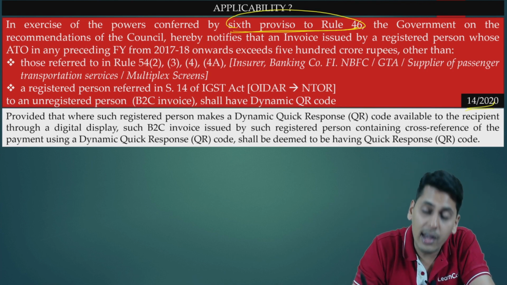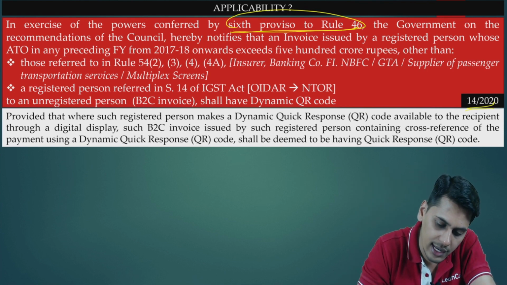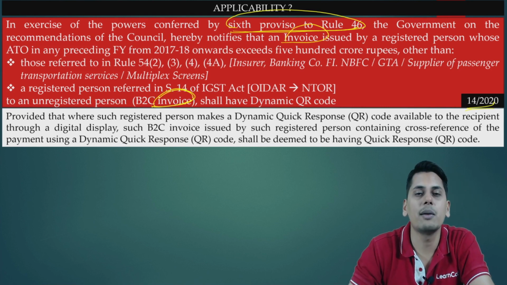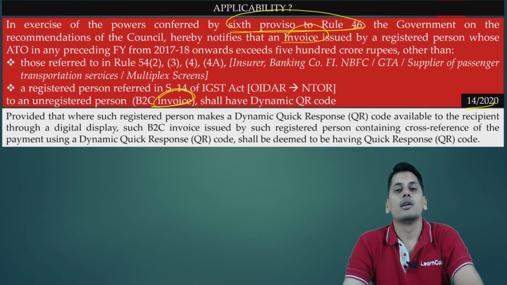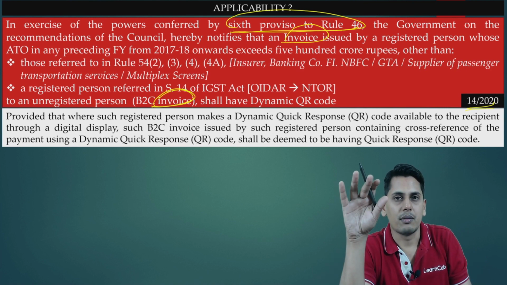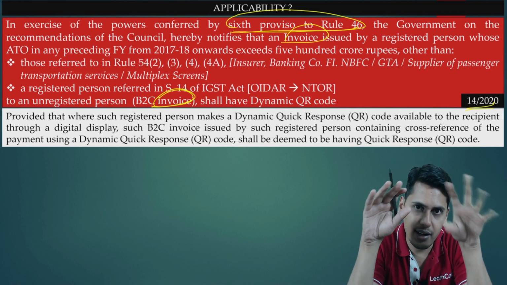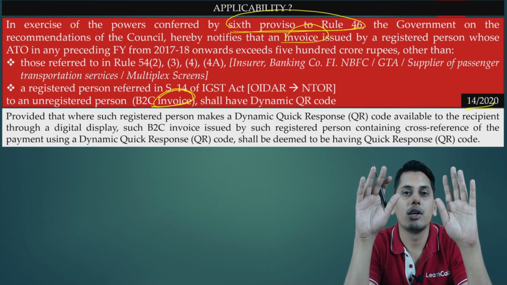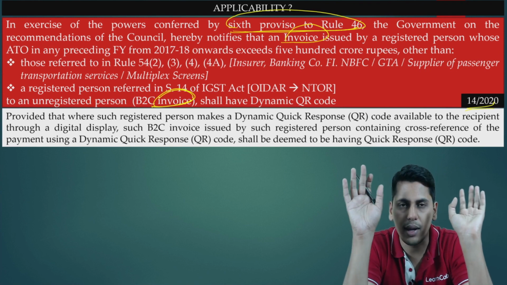Furthermore, in the entire notification 14/2020, the wording used is invoice. It doesn't speak about bill of supply. So friends, technically speaking, even though rule number 49, in the contents of bill of supply, specifies QR code being there even in bill of supply.